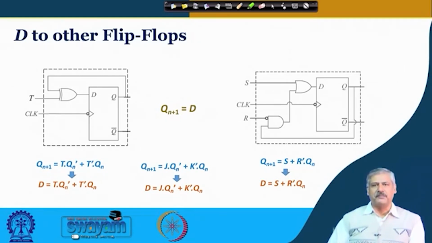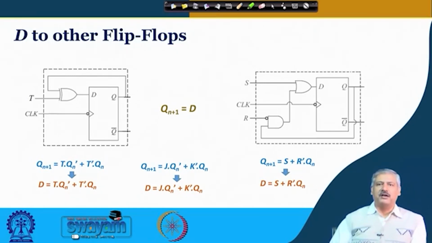So, one option is to redesign the entire thing using the flip-flop that is available, or to think of a conversion mechanism by which the available flip-flop can be made to work like a different flip-flop.